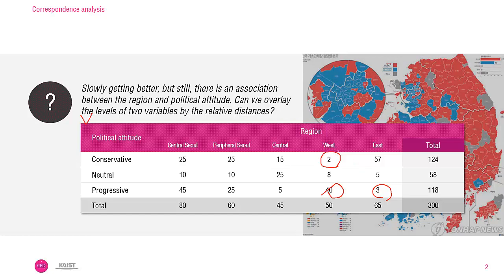But 2 cells out of 15 cells is less than 20%. So more than 80% of cells in this table have a frequency larger than 5. Therefore, the frequency data are adequate for performing a chi-square test for independence.